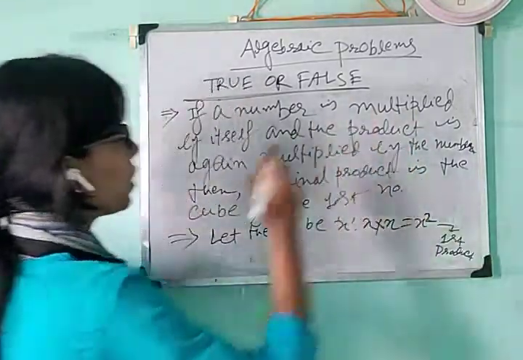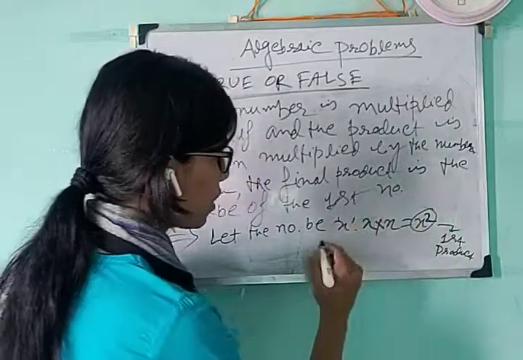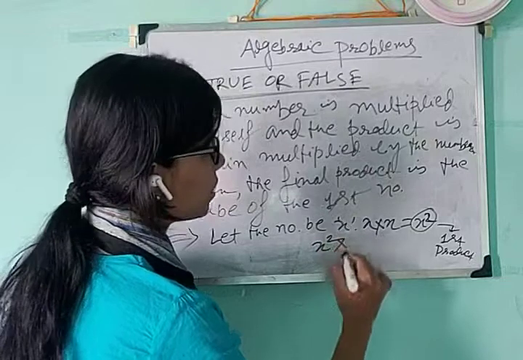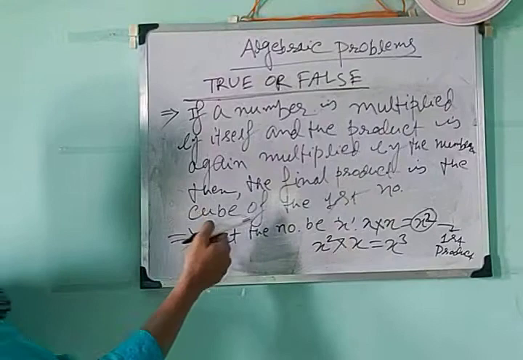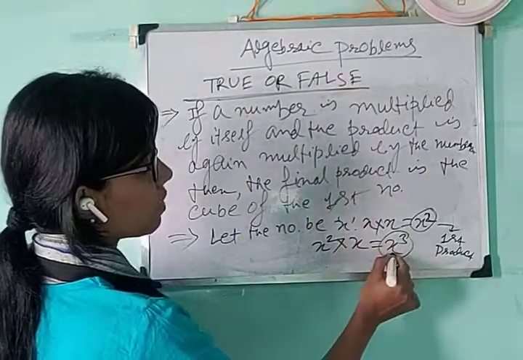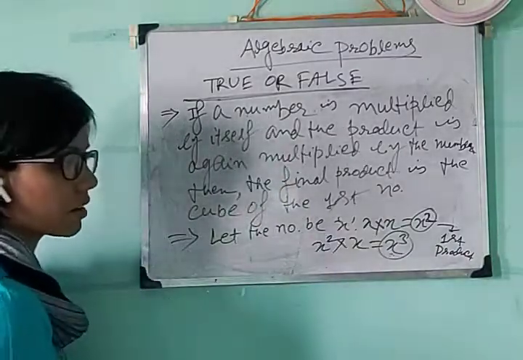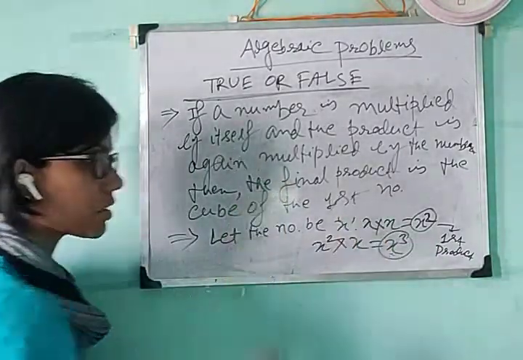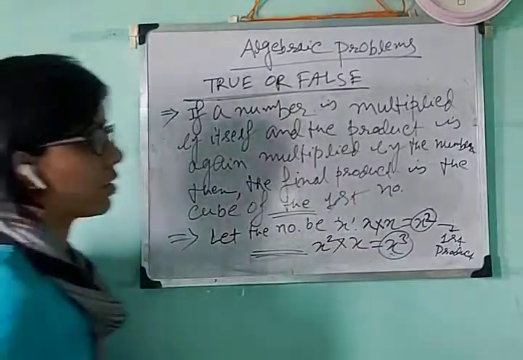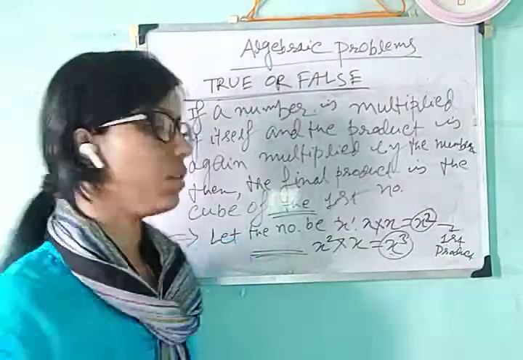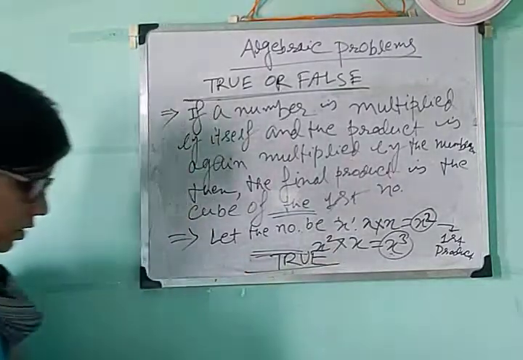Now the product is again multiplied by the number, so x square is multiplied by x, and we get x cube. The final product is the cube of the first number. The first number is x and x cube is the cube of the first number. So the statement is followed truly. This is correct, and we can say that this is a true statement, right?